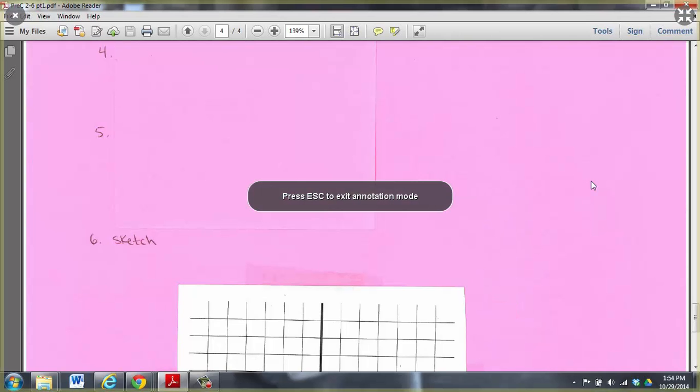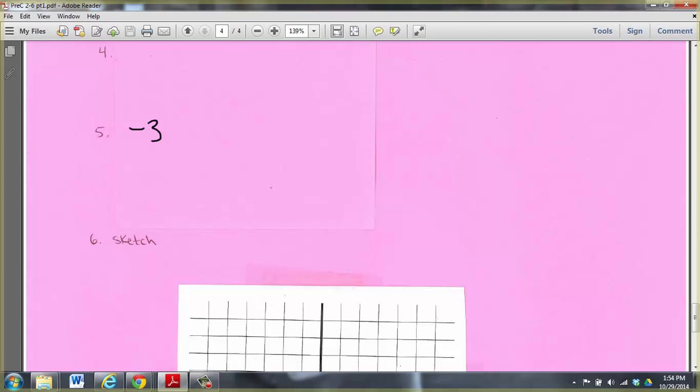Our test points, if you remember, are -3 and -1. If I plug in -3, I'm going to have 9 minus 4 in the numerator, 9 minus 12 plus 4 in the denominator, which is going to give me 5 over 1.